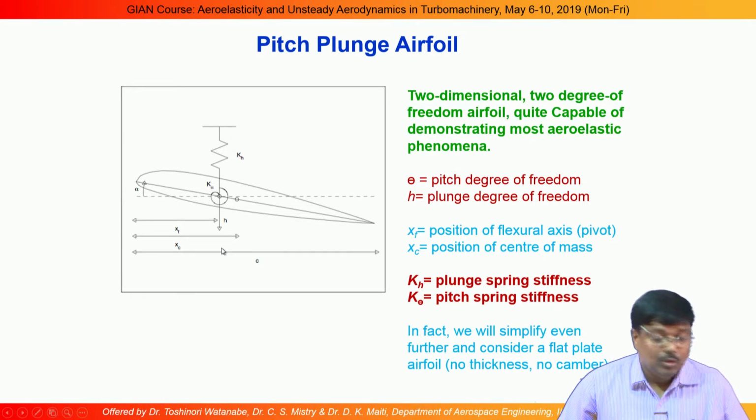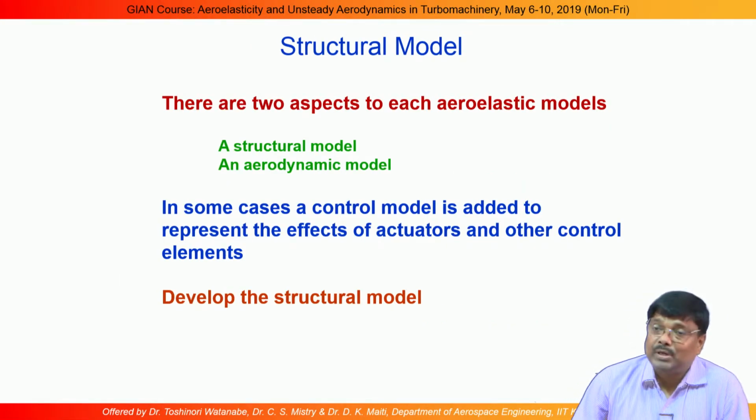Then let us see the structural model. There are two aspects to each aeroelastic model: one is the structural model and the other is the aerodynamic model. For the structural model, whatever structural theories you have learned will be applicable here. There is no difference as such.